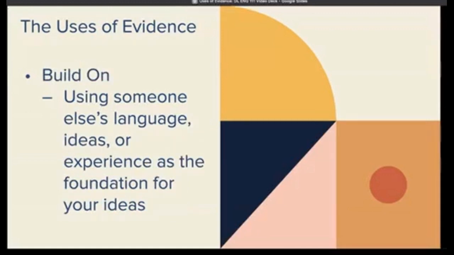The third use of evidence and the fourth are super related. So the third use of evidence is offering evidence as an opportunity to build on it. So we're using someone else's language, ideas, or experience as the foundation from which we'll show our own ideas. So here we might say, here's how something works in grocery stores.